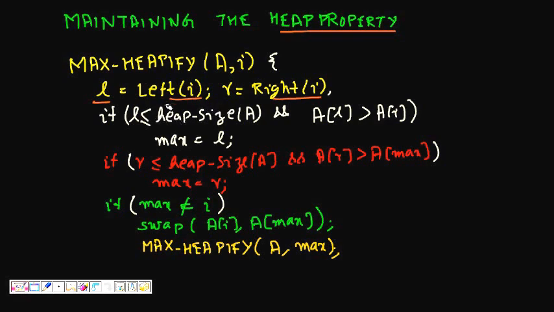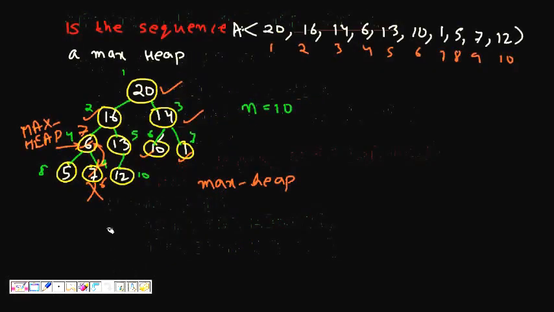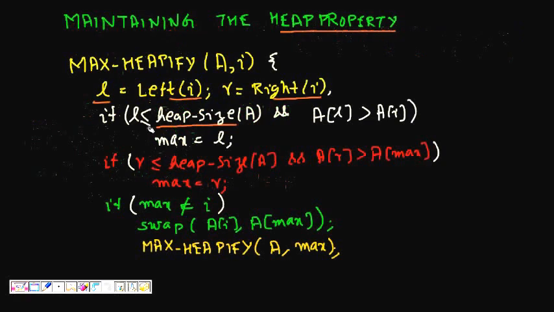Then what do we need to check? Heap size is the total number of nodes in the heap; here the heap size is 10. The left child index should be less than or equal to heap size, so that it is in the tree itself. And if the value of the left child is greater than A[I], then max is equal to L. Then we check with the right child.